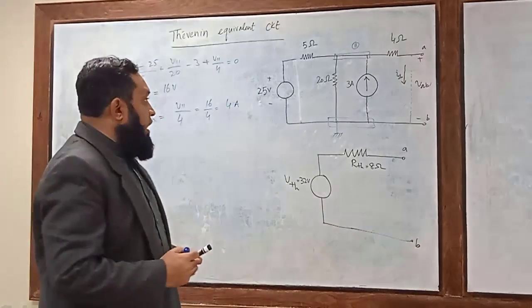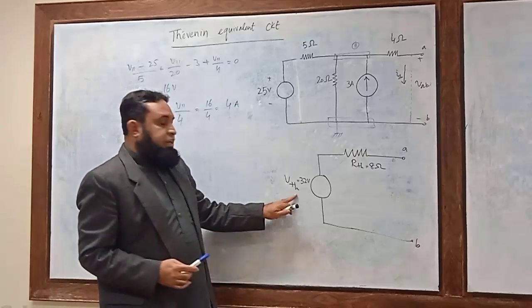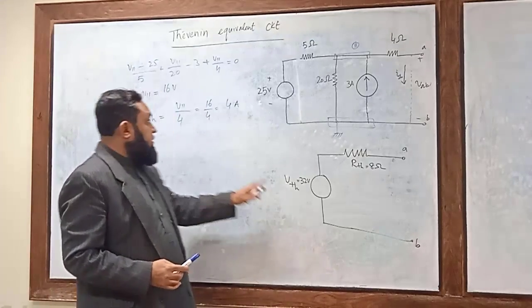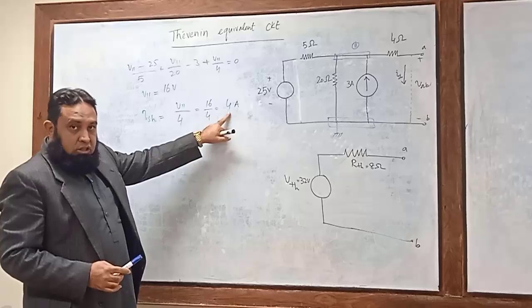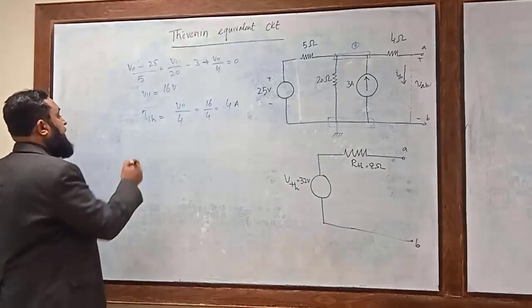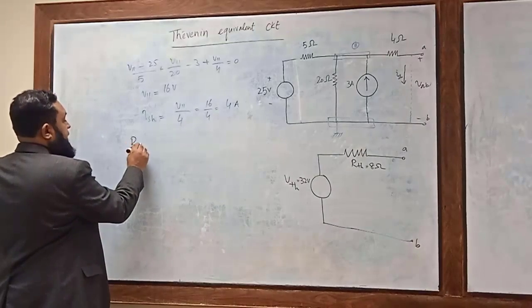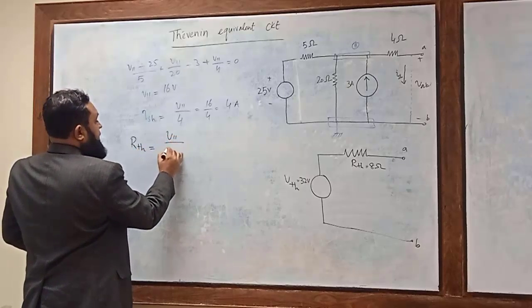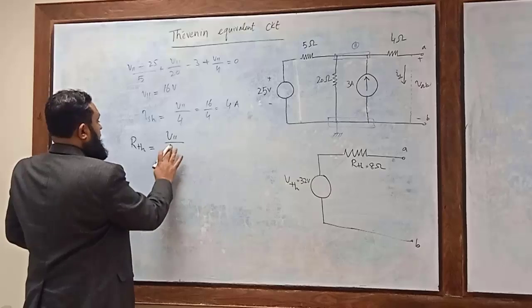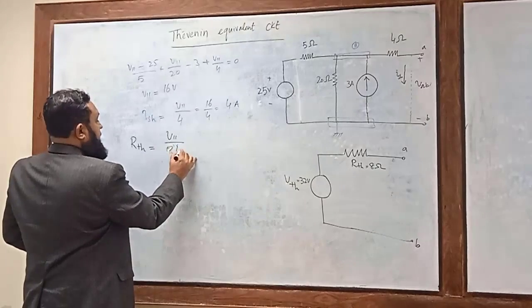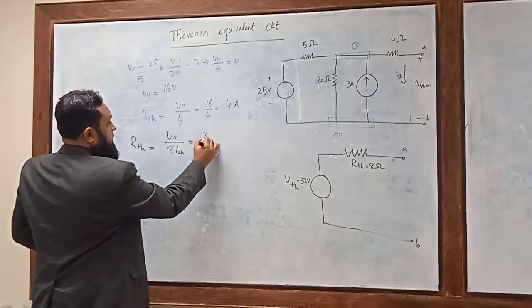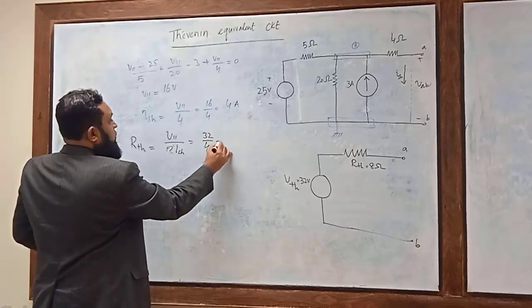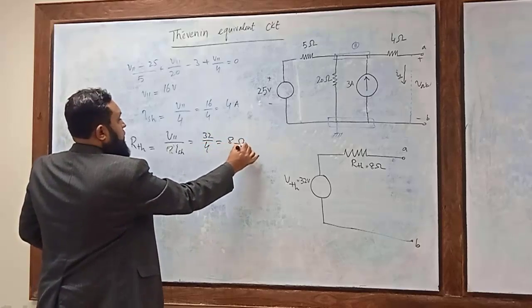Okay? So now, we know VTH is 32 volt, we know the short circuit current, so we can now find the Thevenin resistance, which is equal to VTH divided by ISH, so this is 32 divided by 4 is equal to 8.